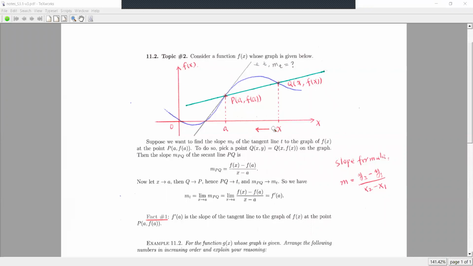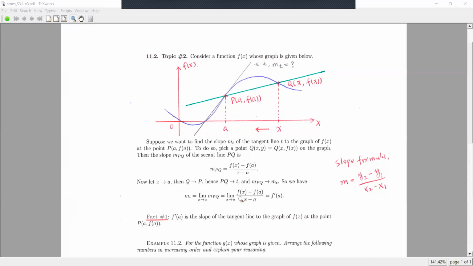Now I move x toward the point A. When x is getting closer and closer to the point A, Q is approaching P along the curve. Therefore, the secant line PQ is approaching the tangent line T. As a result, the slope of the line PQ is approaching the slope of the tangent line.